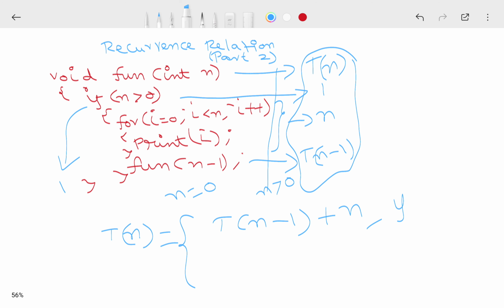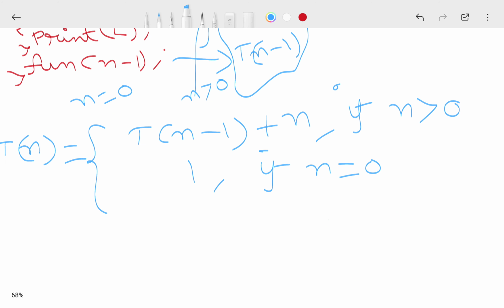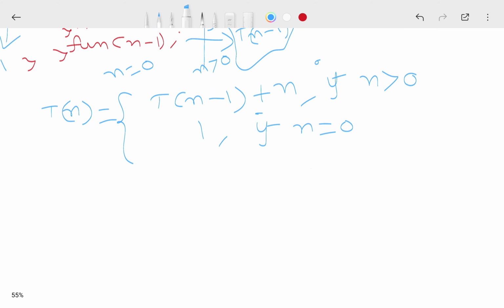So this is if n is greater than 0. And if n equal to 0, it takes only 1 unit time. So 1 if n equal to 0. So this is the recurrence relation.